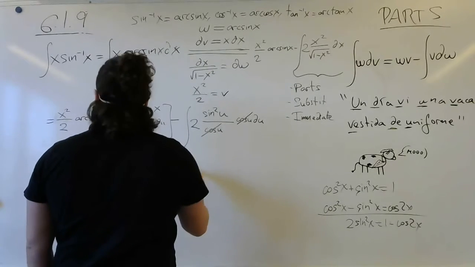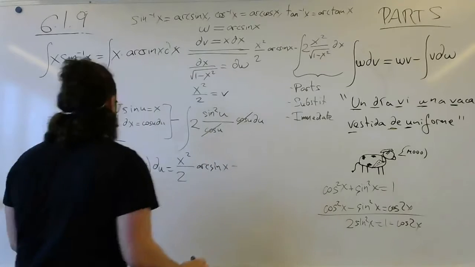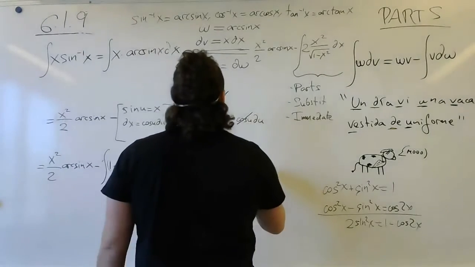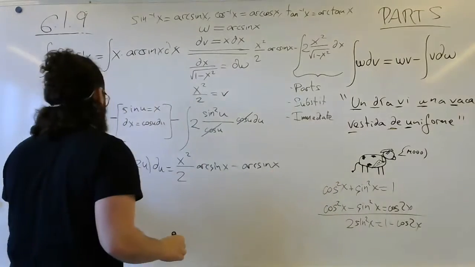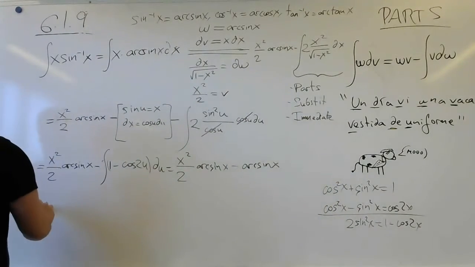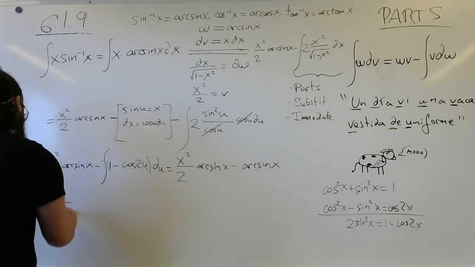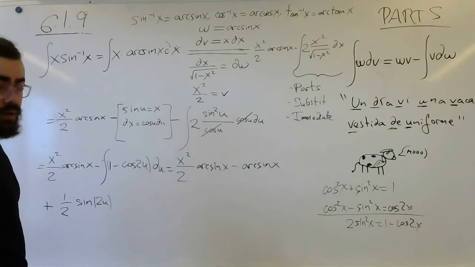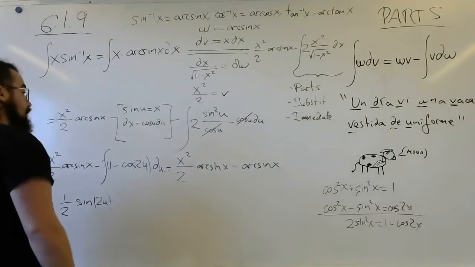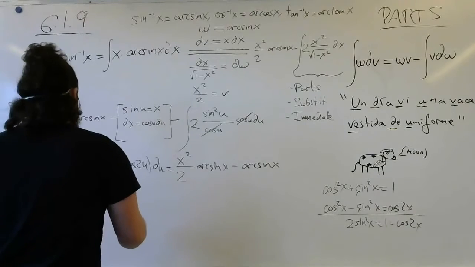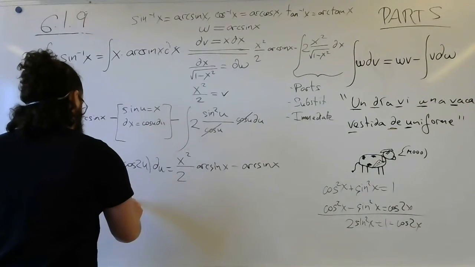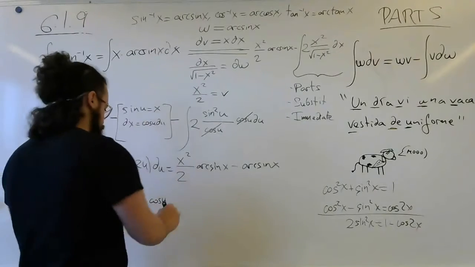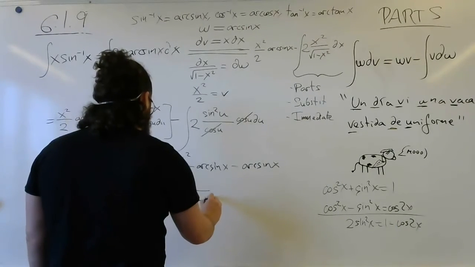So this is x squared over 2 times arc sine of x minus the integral of this thing right here is u, which is the arc sine of x, and minus with the minus plus the integral of the cosine of 2u is 1/2 of the sine of 2u, and this is sine u cosine u, which is x square root of 1 minus x squared.